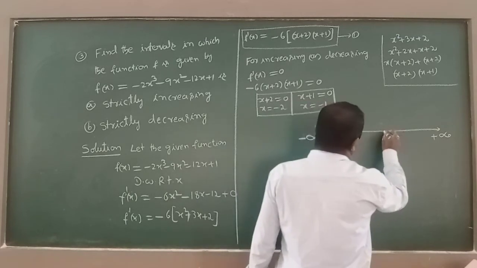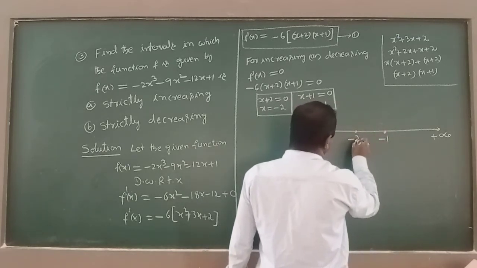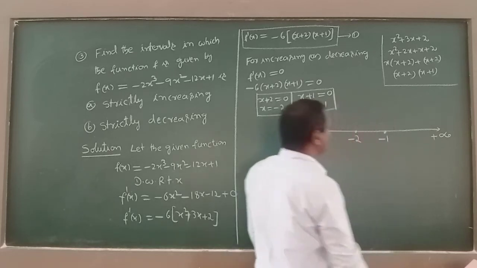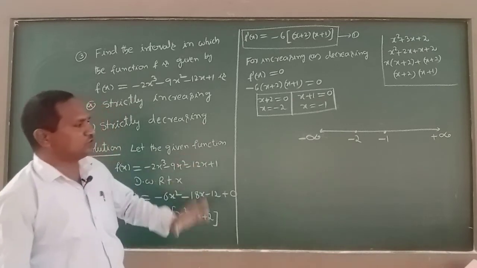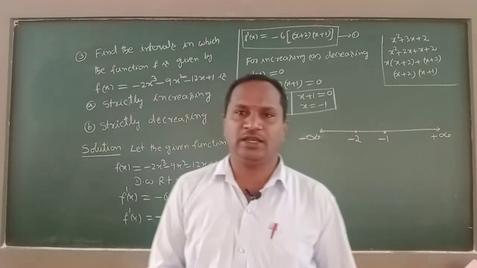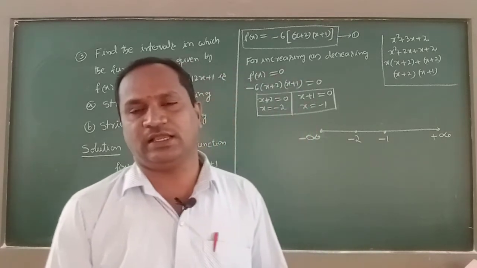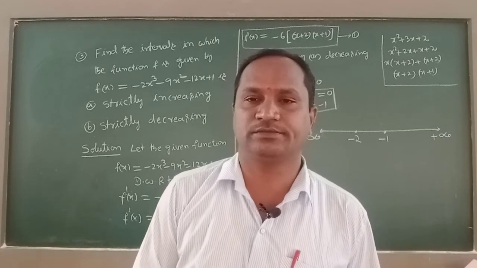The numbers minus 2 and minus 1 will come here. Totally we have three intervals, and in those intervals we are going to check whether the function f of x is strictly increasing or strictly decreasing.